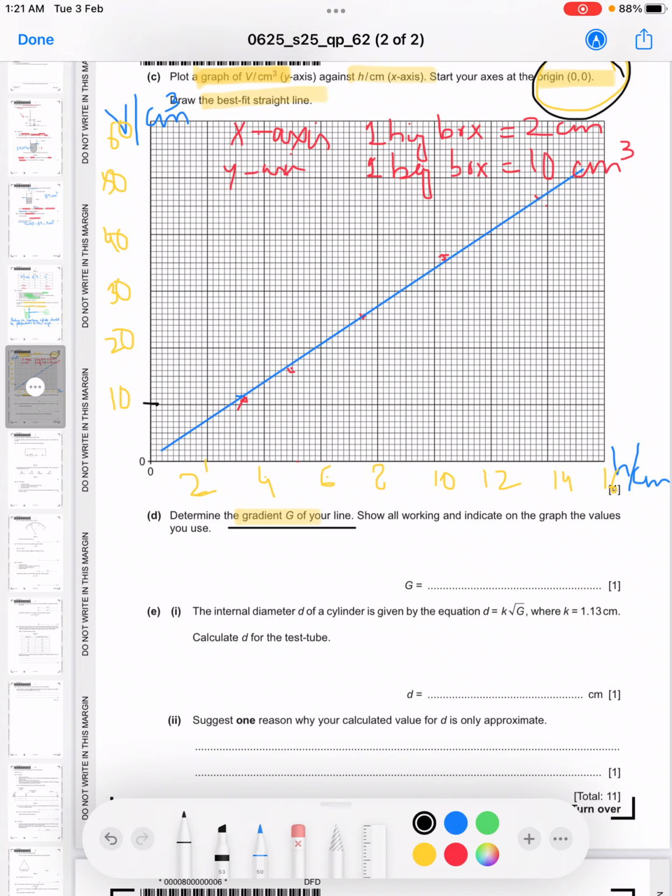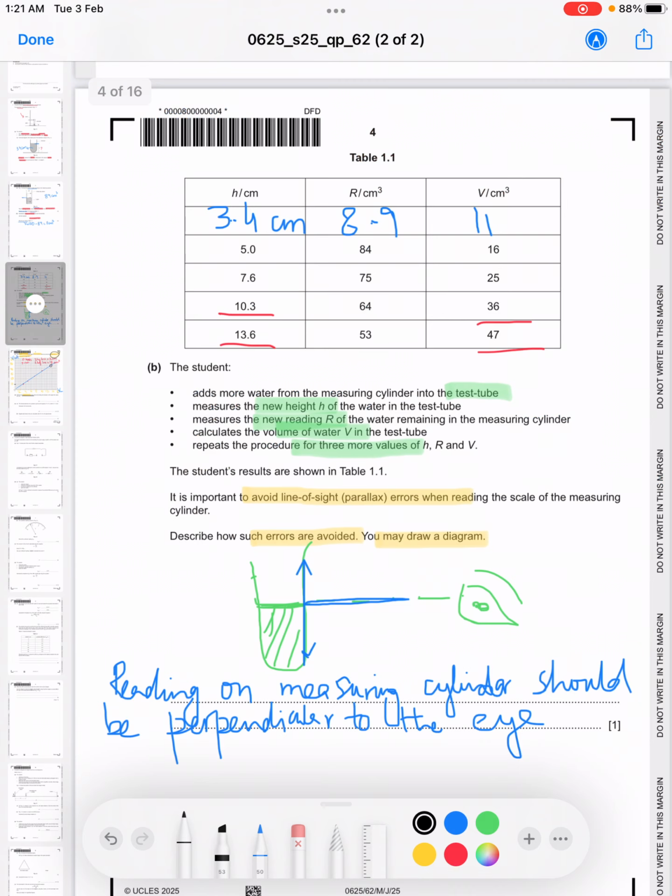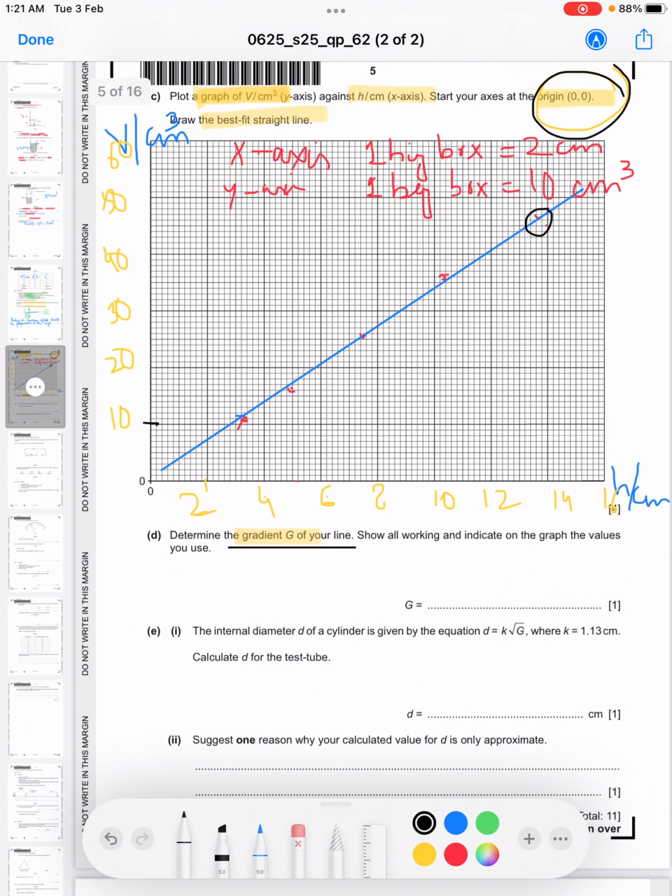So I think we should use the last point, exactly the same point, that is 13.6 and 47, right? 13.6 and 47. And for the x-axis I want to take 5, and this is the point I want to take.